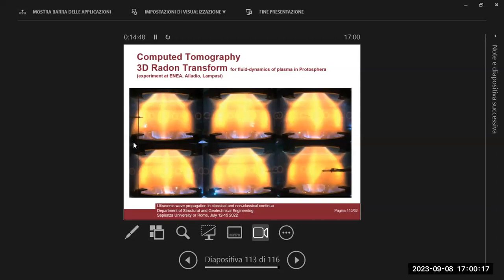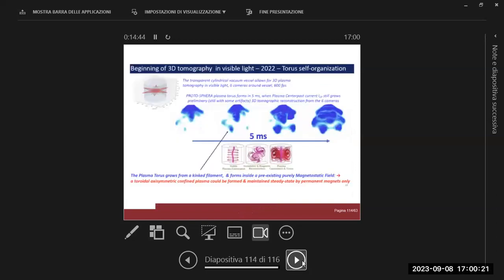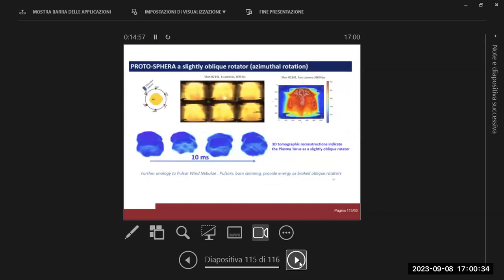And this is still, obviously, as I said, an ongoing experiment, but by applying these algorithms I have described to you before, we were able to reconstruct these images of the light emission, and also we were able to demonstrate that plasma actually rotates within this environment.